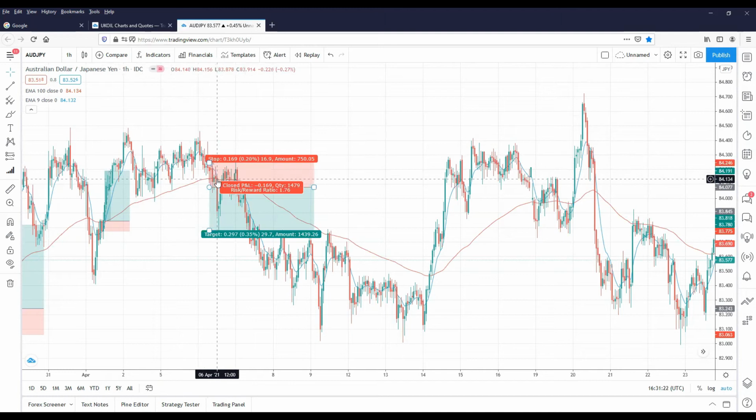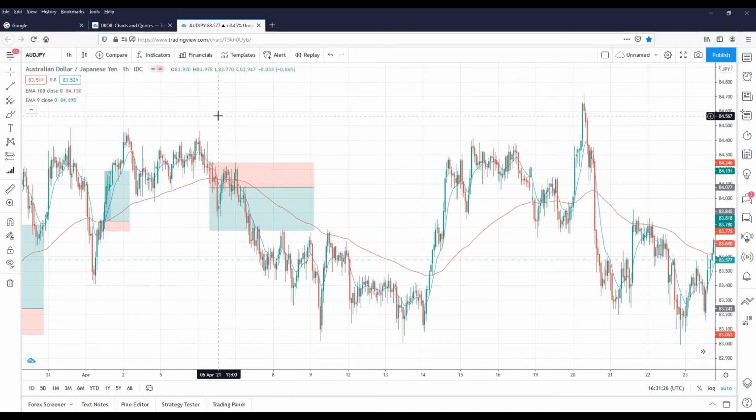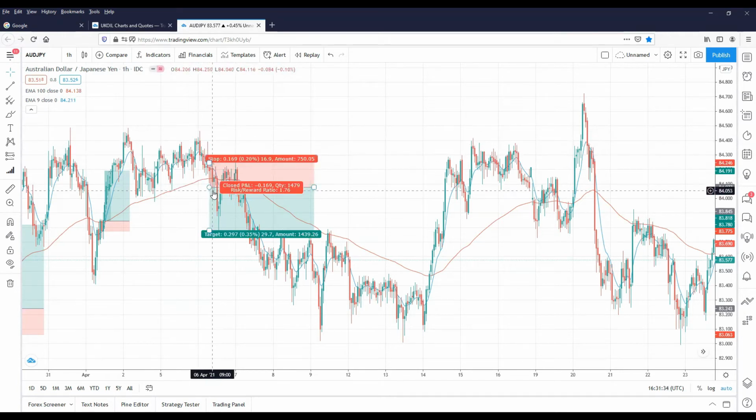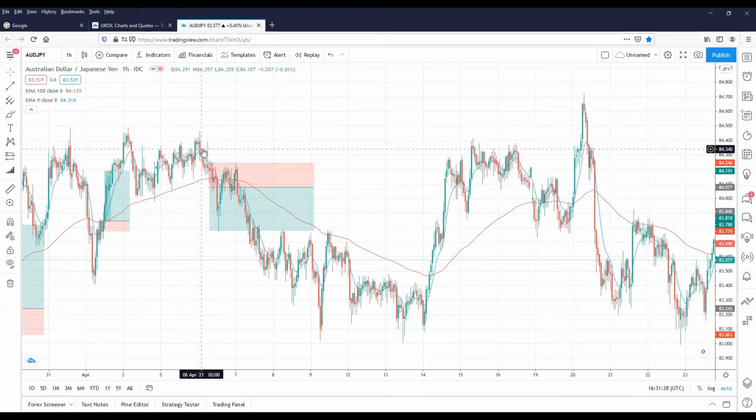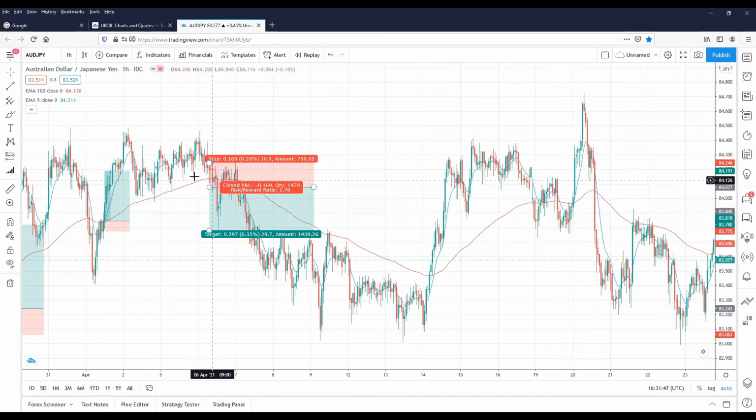So at this point here, a price crossover occurred and a moving average crossover occurred. How do we know a price crossover occurred? The candlesticks show the price of the asset went from on top to below the moving average. It went from on top to below the 9-point moving average. Not only that, it went from on top to below the 100-point moving average. The red line is the 100-point moving average.